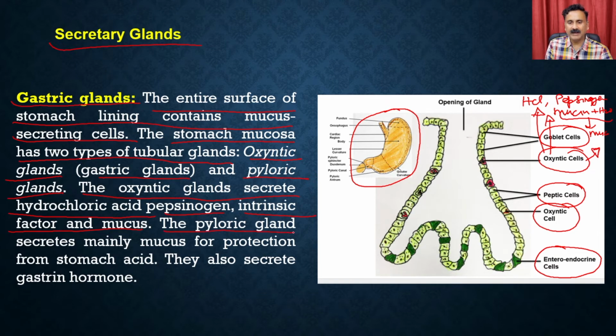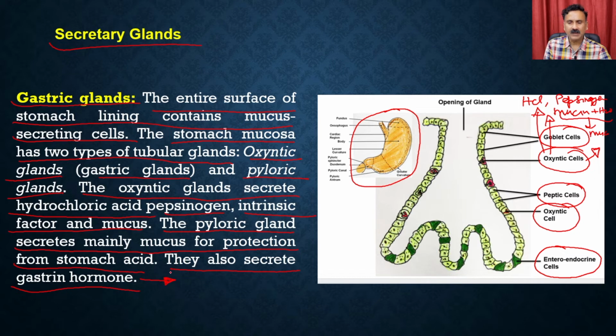Then the pyloric glands are going to secrete mainly the mucus for protection from the stomach acid. They also secrete the gastric hormone, which is also very important for the overall digestion.